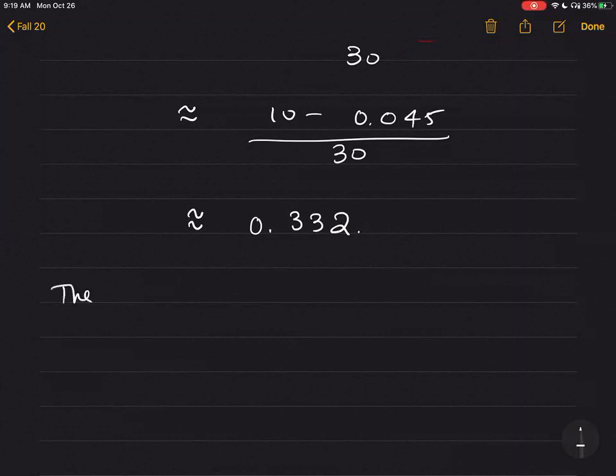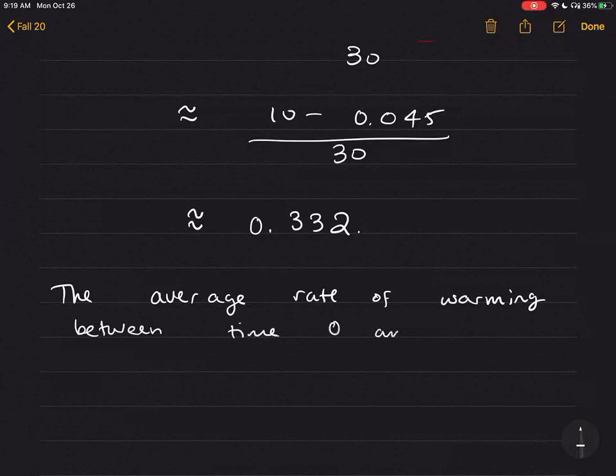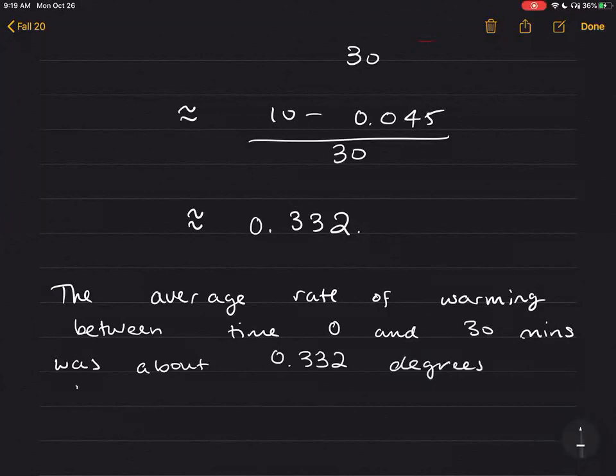So the average rate of warming between time 0 and 30 minutes was about 0.332 degrees Celsius a minute.